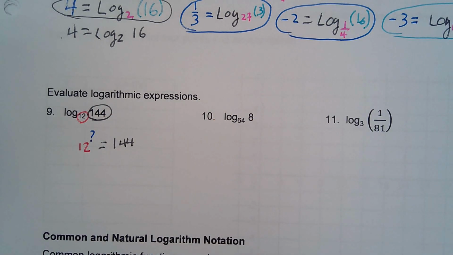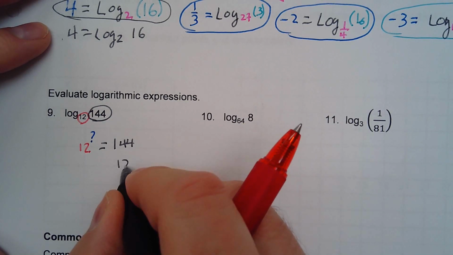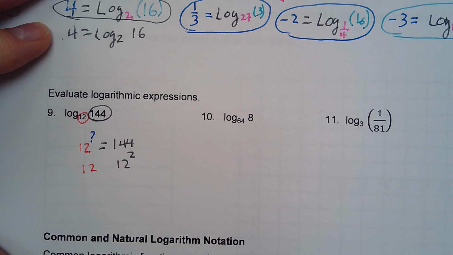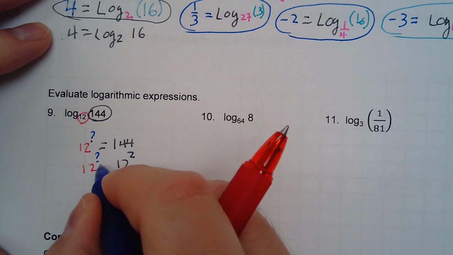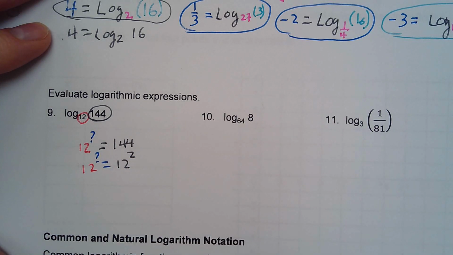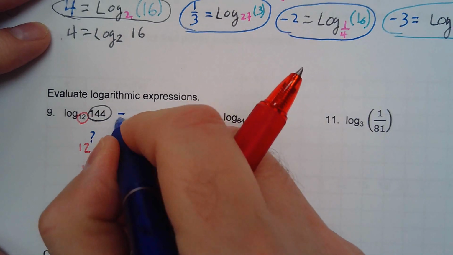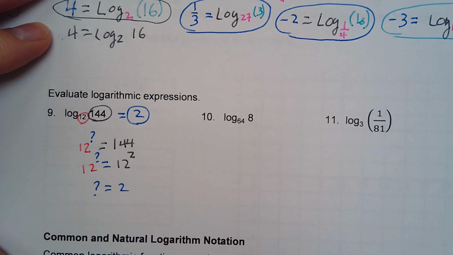Well, if I do 12 times 12, that gives me 144. So this is the same thing as 12 to the second. That tells me that question mark has to be 2. So this answer will evaluate to 2.